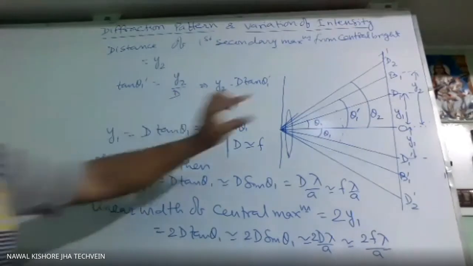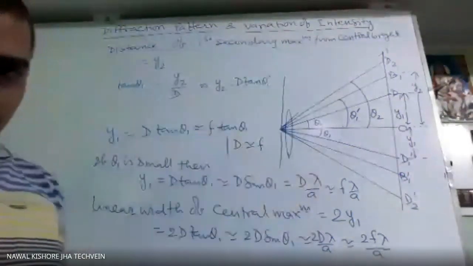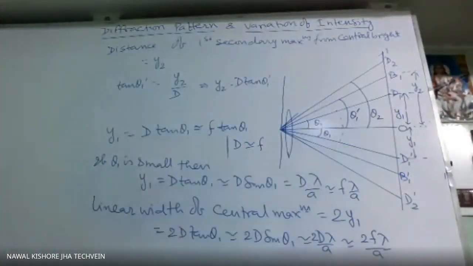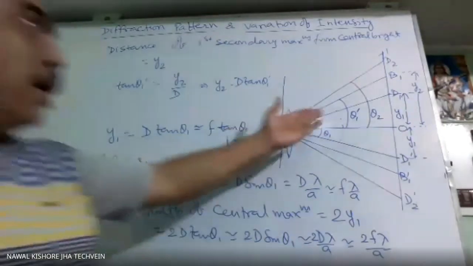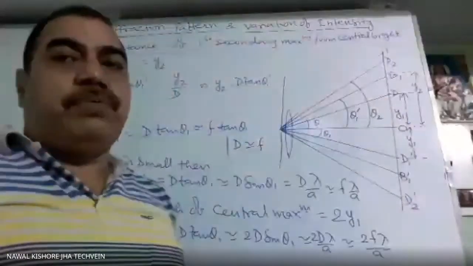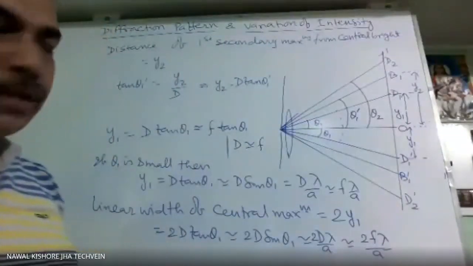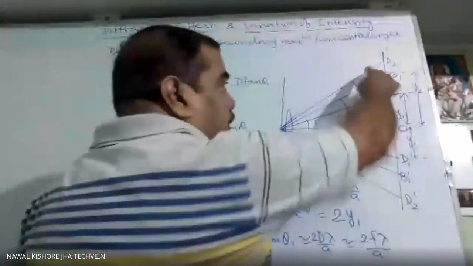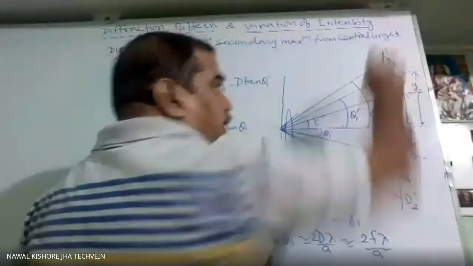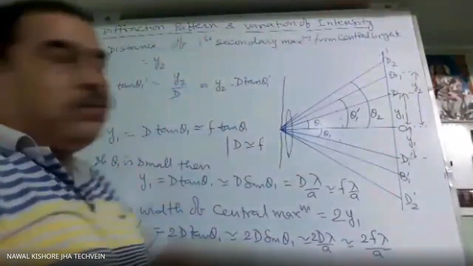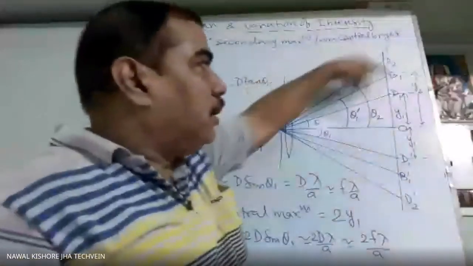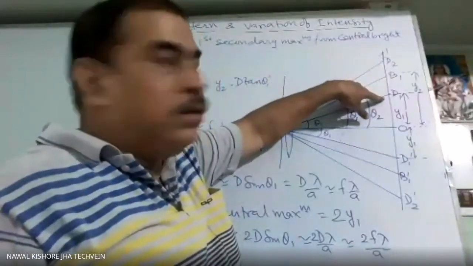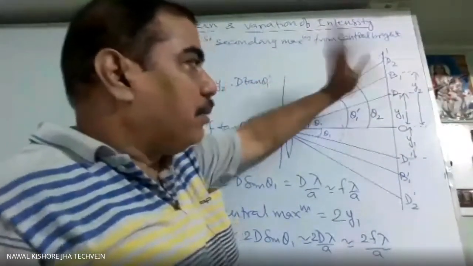So this way we can find the linear position or angular position, angular width or linear width. Suppose you are asked, what is the linear width of the first secondary maximum? That means from where to where you have to find? From this to this length. Suppose this is y3, this is y1, then y3 minus y1 you will find.